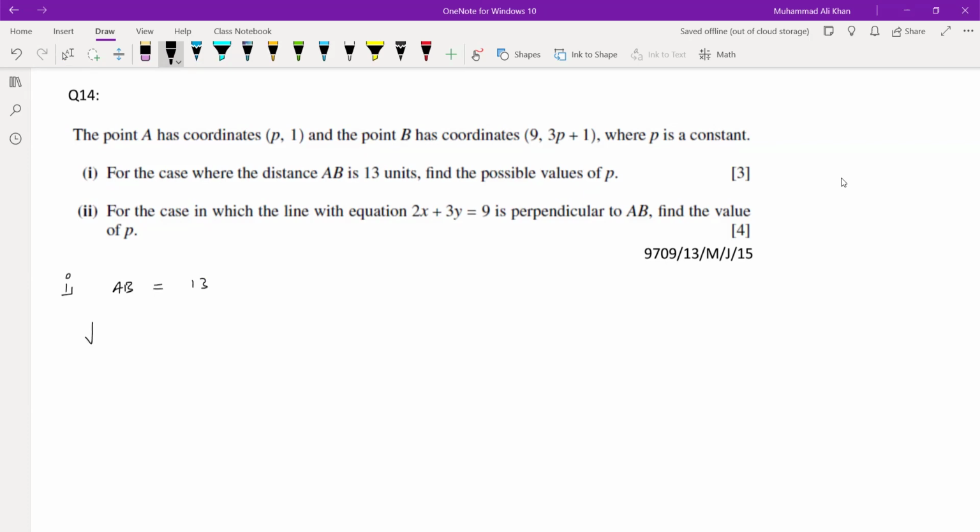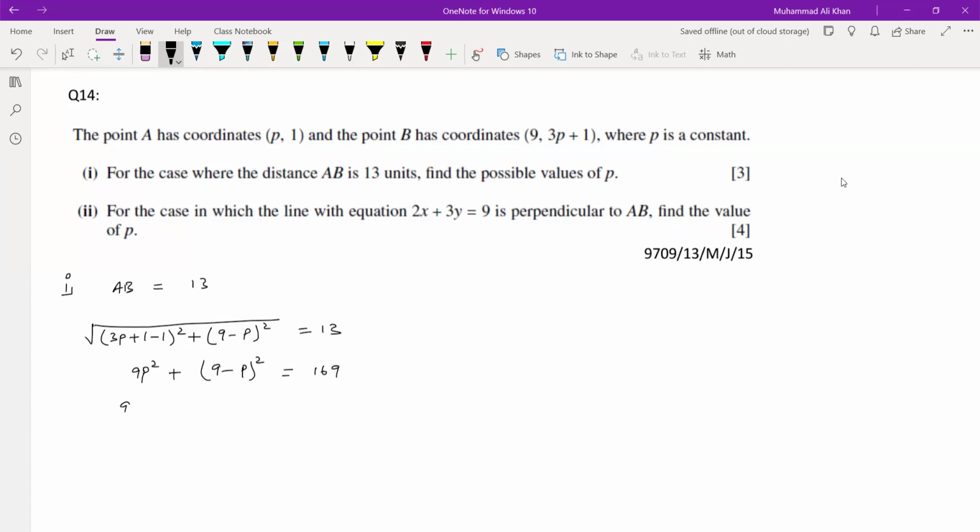So in the first part, we have to apply the distance formula. AB is 13, so under root of (y2 minus y1), so (3p plus 1 minus 1) whole square, plus (x2 minus x1), (9 minus p) whole square, equals 13. Squaring both sides, 1 and 1 cancel out, 3p square is 9p square, and (9 minus p) whole square equals 13 square, which is 169.